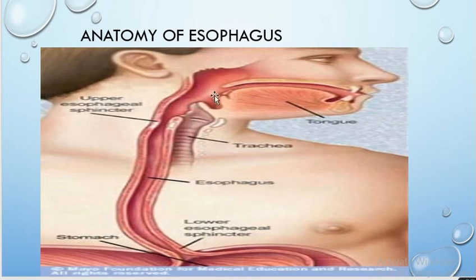So there is the cervical esophagus, the thoracic esophagus, and the abdominal esophagus. This is how we divide the esophagus. So starting from the oral cavity and the tongue, then the upper esophageal sphincter, the food travels through the esophagus, and then the lower esophageal sphincter opens and the food comes through. The same process happens here: when the sphincter opens, the food comes.